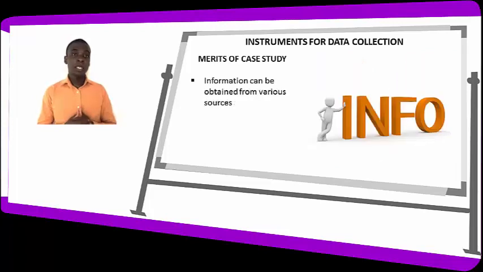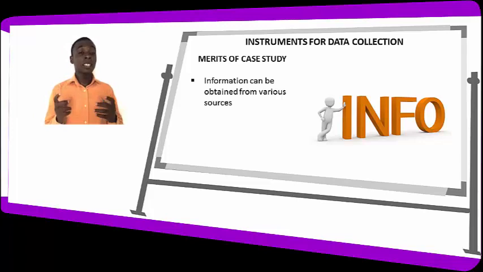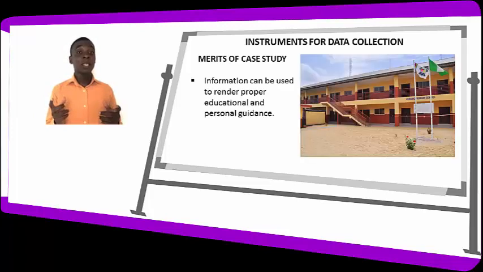In case study, information can be obtained from various sources, and information can be used to render proper educational and personal guidance. So through the information we can get from case study, we can give good guidance.